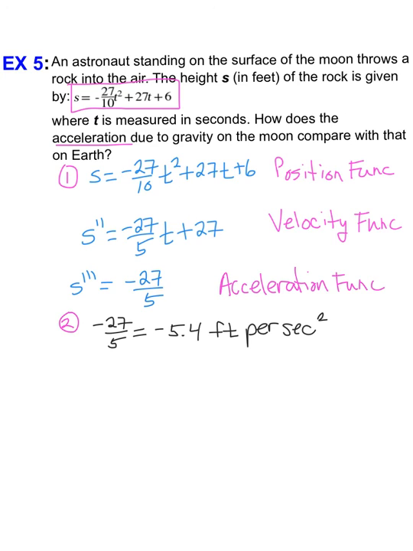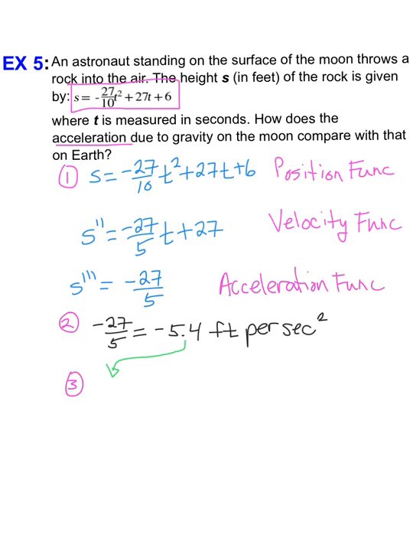Then we're going to take that value right here, and we're going to use that in our third and final step. We're going to compare that negative 5.4, that acceleration function, to the acceleration function in example 4. So if you go back and look at example 4, if you look at the third step in example 4, the acceleration function, that was negative 32 feet per second squared.